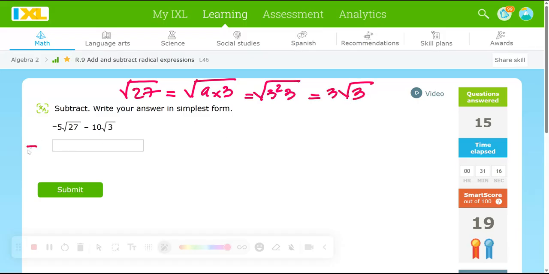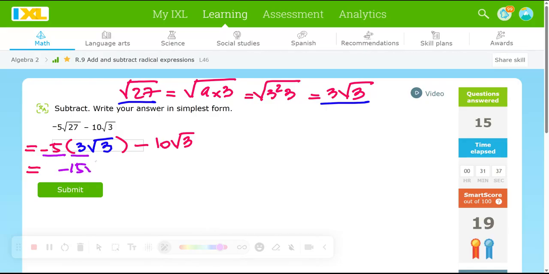Okay? So now we put it in negative 5. Instead of square root 27, I put 3 square root of 3. Okay? And now in the back, I got negative 10 square root of 3. Okay? So now the next thing is I multiply negative 5 and 3, which is negative 15. And then square root of 3, and then you got subtract 10 square root of 3.